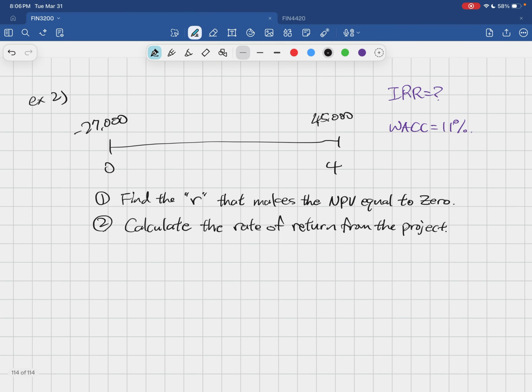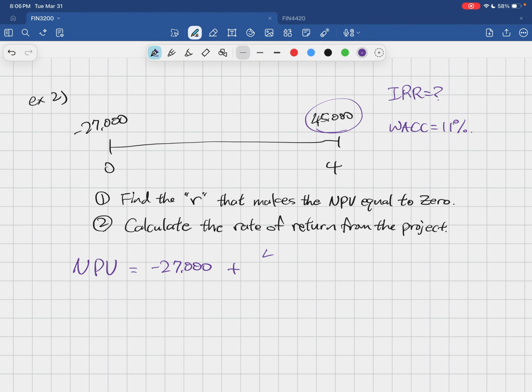So we'll first calculate the NPV. The net present value of the project is the present value of the first cash flow. It's already in year 0, so that's just that. And we have to add the present value of the second cash flow, the $45,000. Okay?